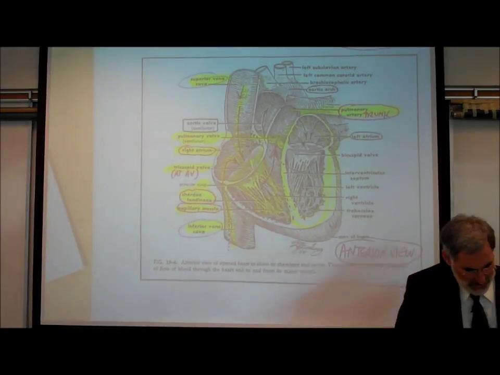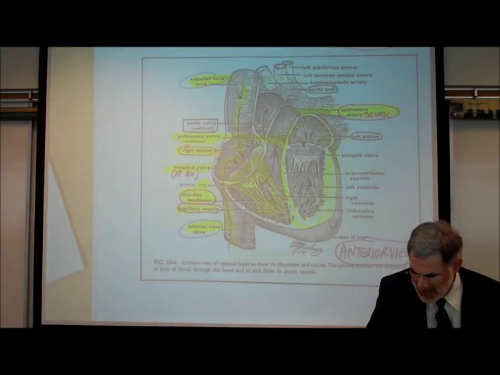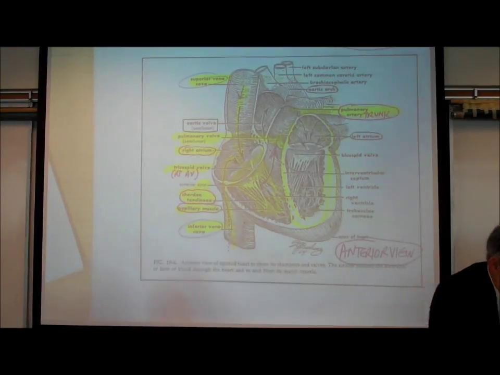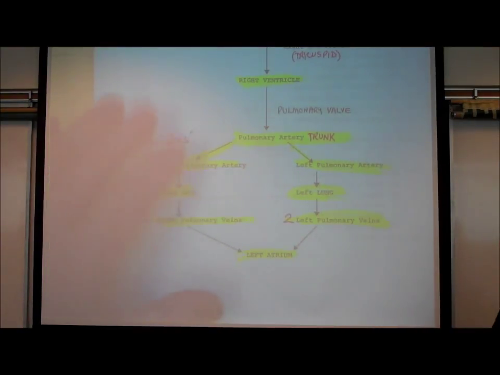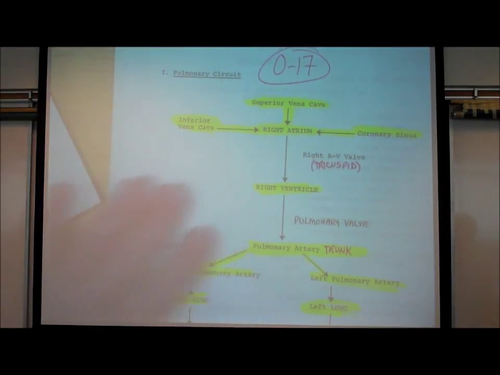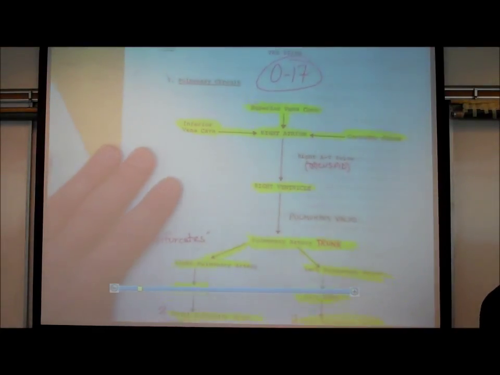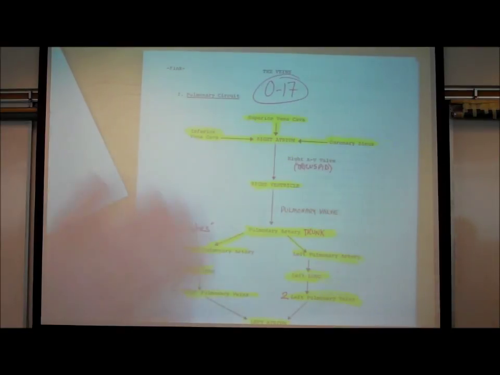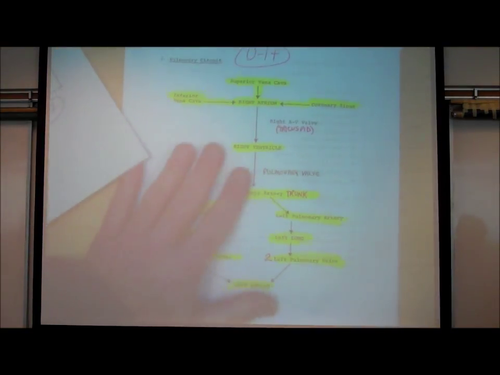Okay, good. So let's summarize this by looking at the picture we were just looking at earlier, page 017. Look at 017, because this lays it out for you as clearly as I know how. All right? So here, how's the blood go on 017?